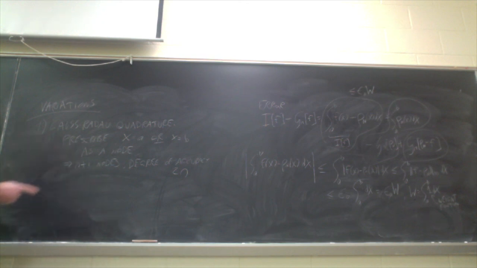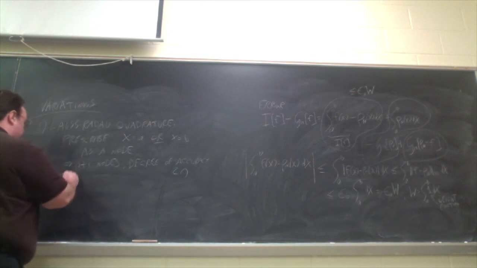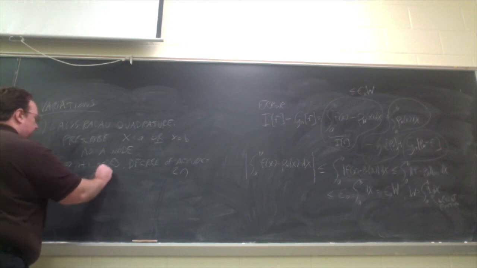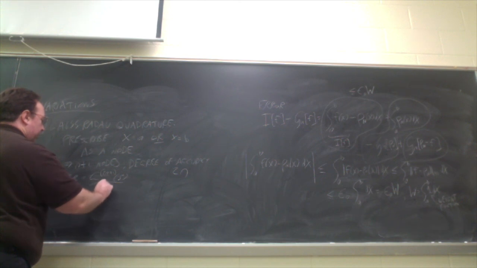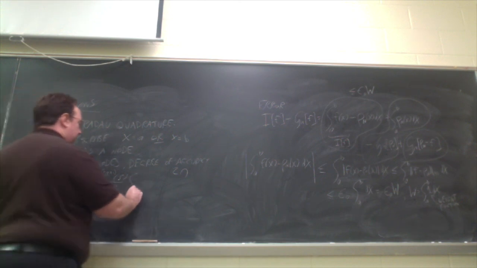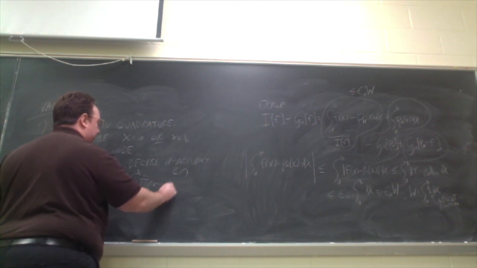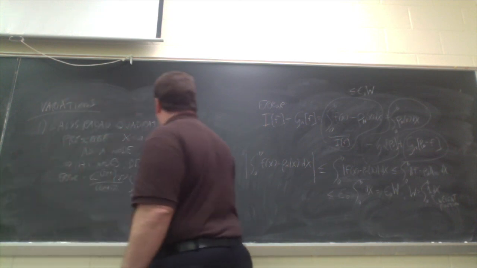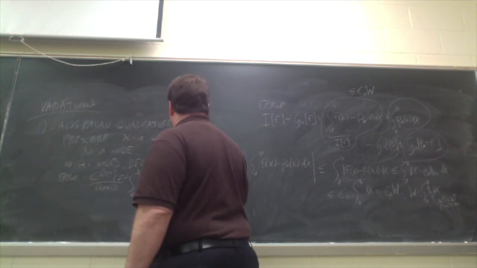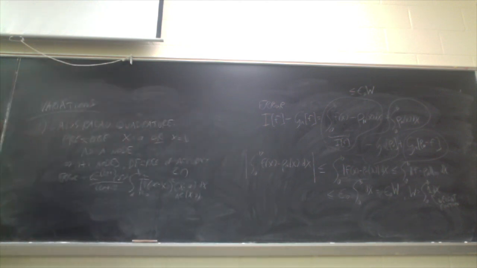And one of the nice things about this is, depending on whether you choose a or b, your error formula is the 2n plus 1 derivative at an unknown point over (2n plus 1) factorial, times an integral, and then you have, for Gauss, the other nodes, the unprescribed nodes, those linear factors are squared, and then you have x minus a as a linear factor, or x minus b, depending on which one you prescribed.